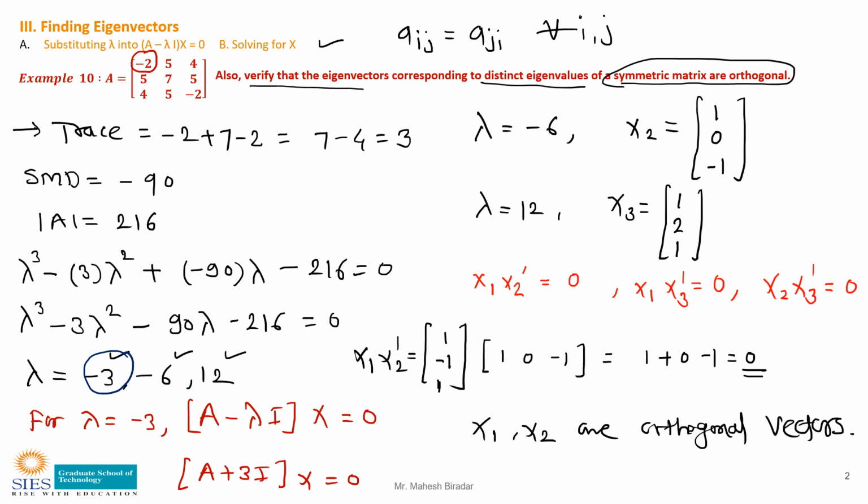Similarly, we can prove that x1 and x3 are also orthogonal and x2 and x3 are also orthogonal to each other. Means their dot product is 0 in short. If their dot product is 0, then we can say that two vectors are orthogonal or perpendicular to each other. So this is the concept that I wanted to tell you in this video. Okay, so thank you.